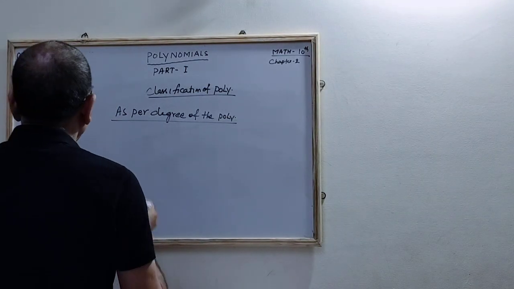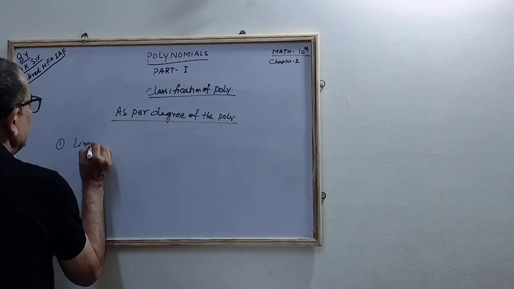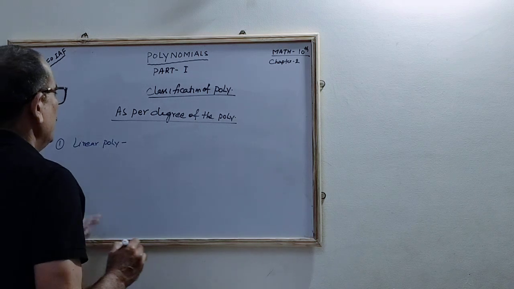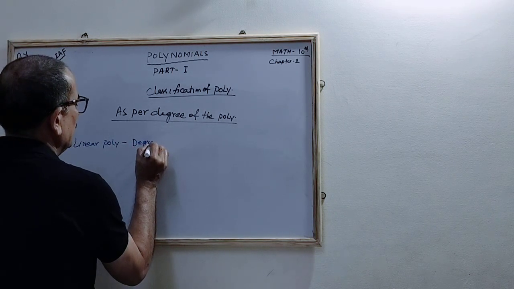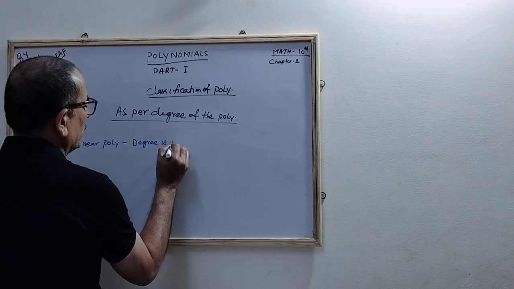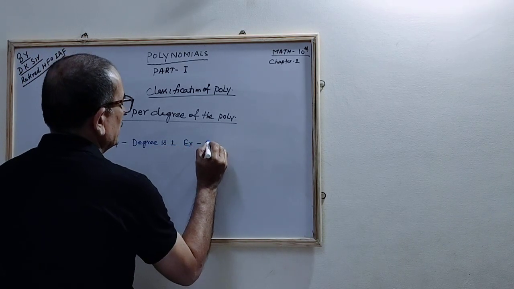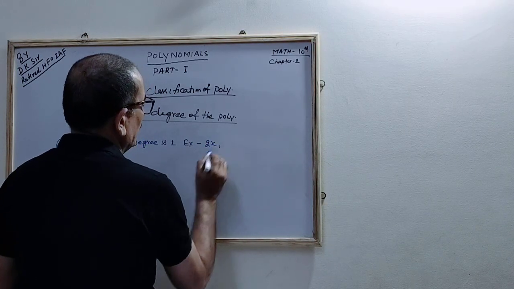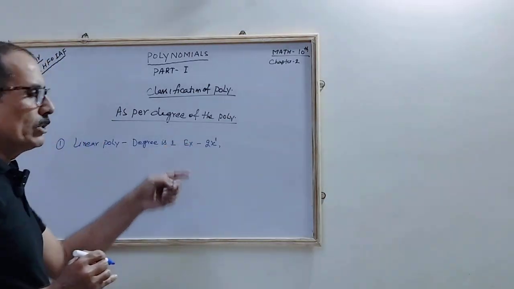Here first is the linear polynomial, in which the degree is 1. Example I will give you: suppose I say 2x, it has only power 1, exponent 1, so the degree is 1, correct?